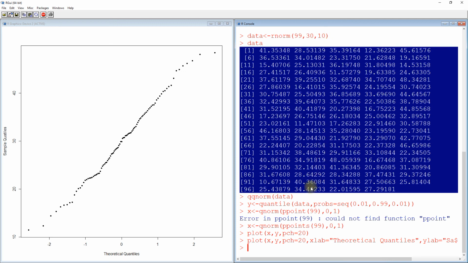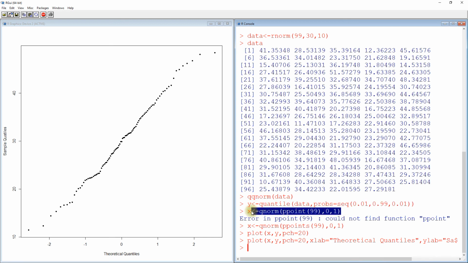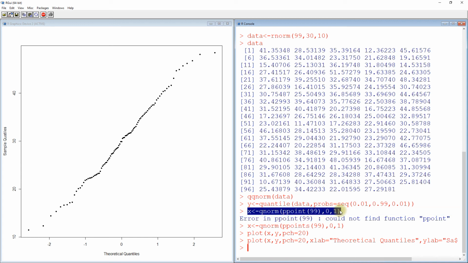So what we've got is our data. We want to find the quantiles from the data. The idea is to have the same number of quantiles on the vertical as the horizontal axis. So the vertical is represented by your data, the y, and the x is your theoretical quantile. So that's a little bit how we can do it. This is one way of doing it.